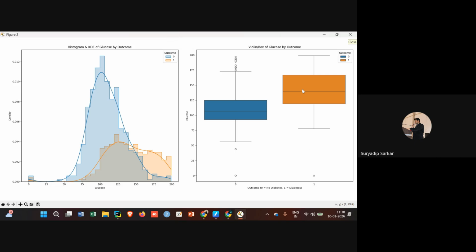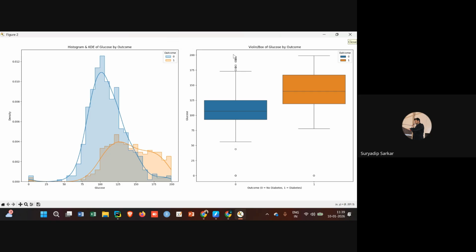Similarly, you can also see that people with diabetes have a median glucose level much higher than people without diabetes, which is something you would expect. The spread of glucose levels is also slightly larger for people with diabetes. Outlier wise, people with very high glucose levels are also present, but they are not diabetic.